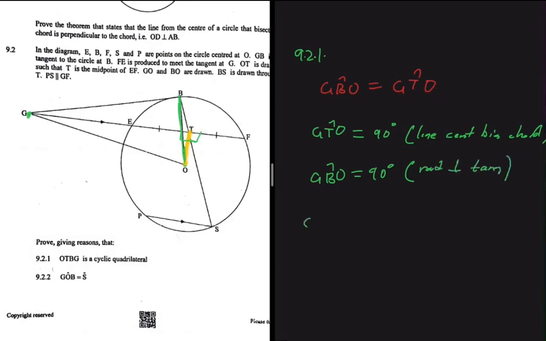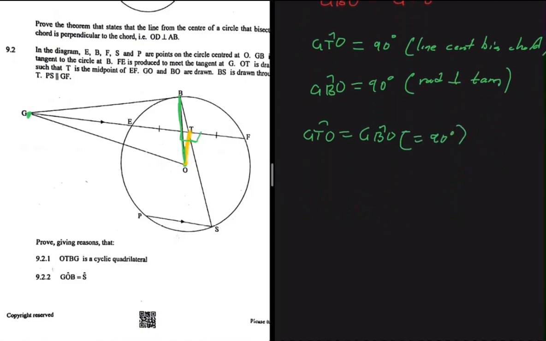So now we've proved that GTO is equal to GBO because they're both equal to 90 degrees, right? And then as a consequence, OTBG is a cyclic quad, right? It's a cyclic quad because clearly GBO and GTO are lying on the same segment.